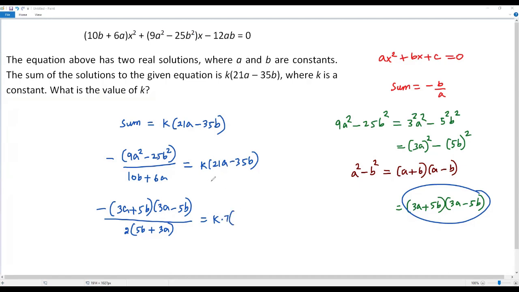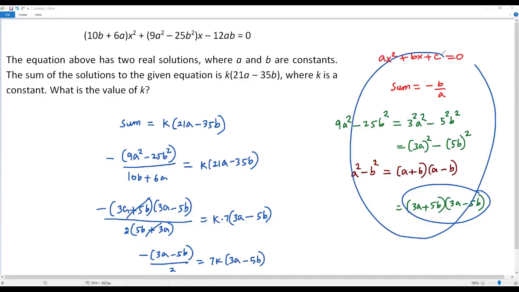Dividing 21a by 7, I get 3a, and dividing 35b by 7, I get 5b. Here we find 3a + 5b, and here 5b + 3a. Both of them are the same, so we can cancel them. Then the resulting equation is −(3a − 5b)/2 = 7k(3a − 5b).